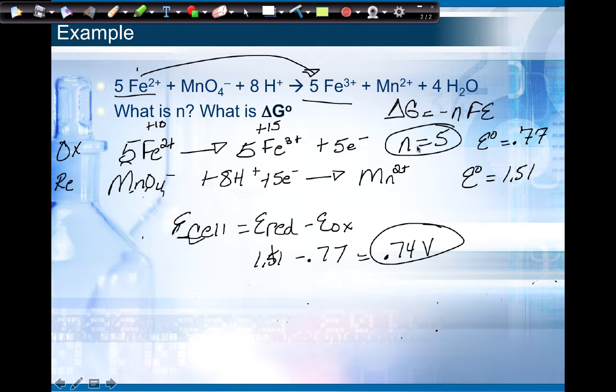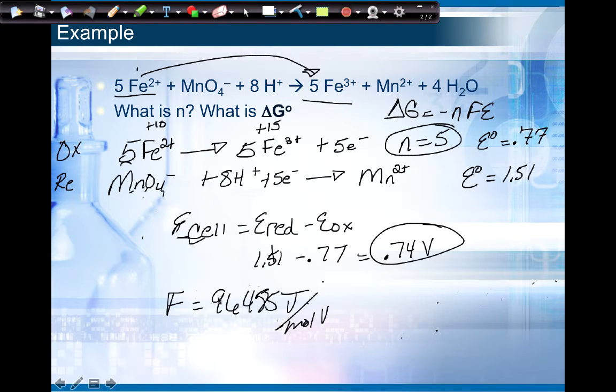All right, so at this point we have our N, we have our E cell. Now we're going to plug everything into the equation. We have N, we have E, we also have F. F is a constant, which is 96,485. That's going to be joules per mole per volt.